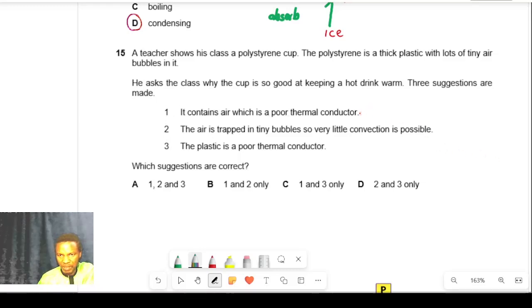This assumption is correct. Then the air is trapped in tiny bubbles so that very little convection is possible. That is correct. Then the plastic is a poor thermal conductor. Correct. So which suggestions are correct? The answer is 1, 2, 3. So the correct answer is A.